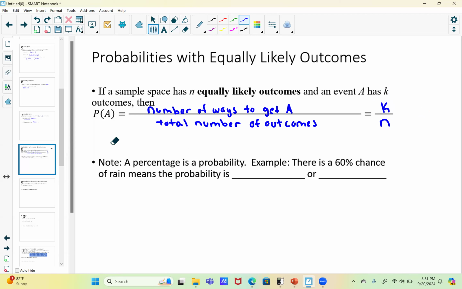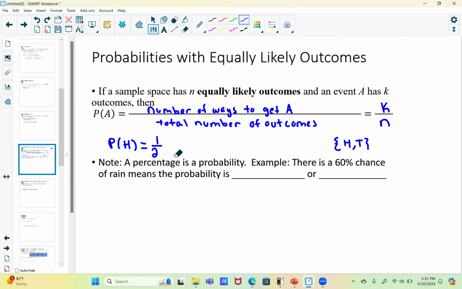If I talk about the probability of getting a head, we know again that the sample space is heads, tails. So the probability of getting a heads on each flip is: I have one way of getting a head out of 2 total outcomes, because there are 2 outcomes in our sample space.